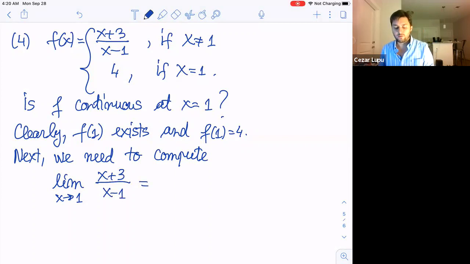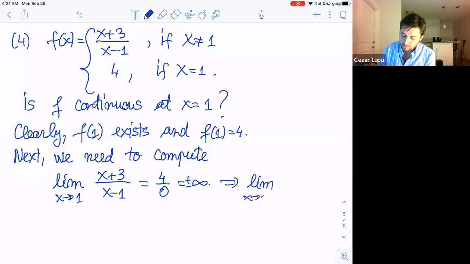Well, if you plug it in, we have 4 over 0, which will be infinity, depending on whether it's coming from the left or from the right. So it will be plus or minus infinity. But in any case, the left-hand limit and the right-hand limit do not coincide. So in other words, the limit as x approaches 1 of f of x does not exist.